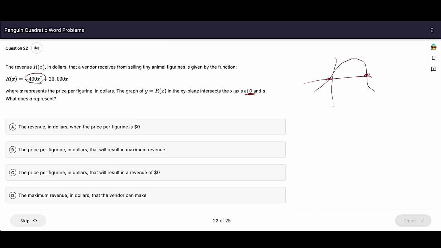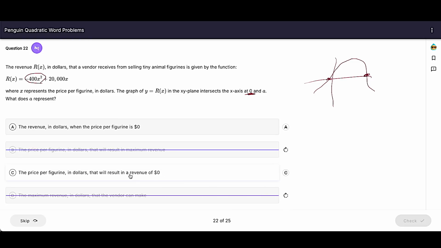We know that it is not going to be choice B, not going to be choice D, because we want that revenue of $0, right? And actually, now that I say it out loud, A says the revenue in dollars when the price per figurine is $0. That's not what we're looking for. We're looking for revenue of $0. The price per figurine is going to be our X value.